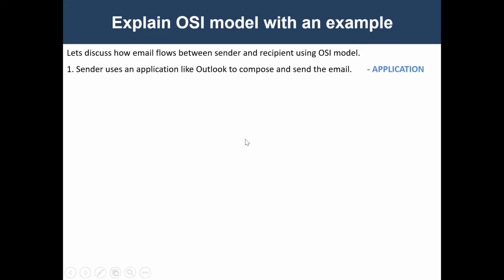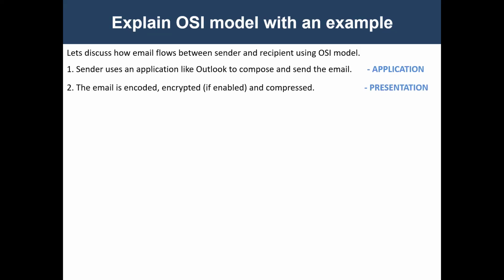The application layer is considered as Outlook while we are sending an email. Then it goes to the presentation layer, which is responsible for encoding and encryption. It does the compression of all headers. Then the session needs to be created, so they initiate the session connections between the sender and receiver and establish a connection.